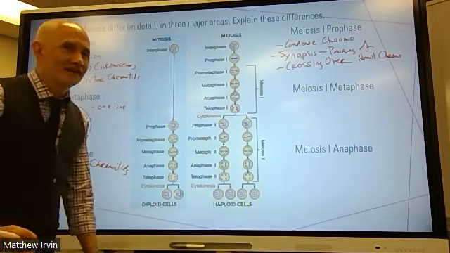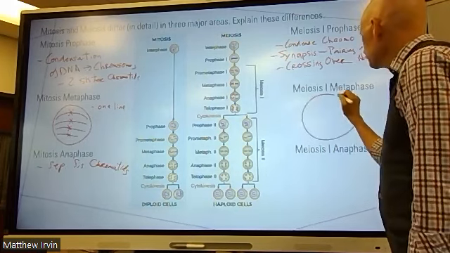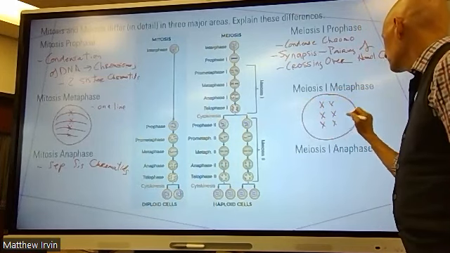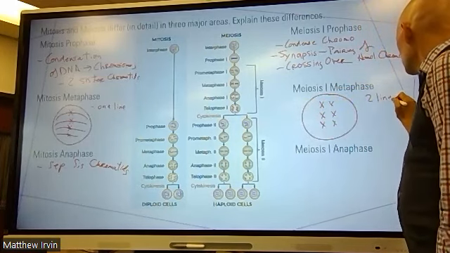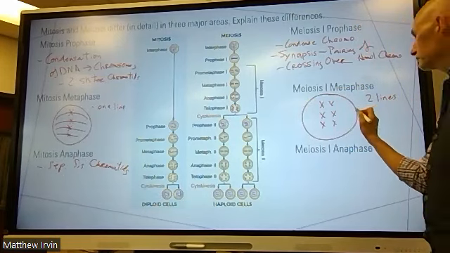So then in meiosis one, how are the chromosomes going to line up? They're going to be in two lines. And how will the spindle fibers attach? Only to one side.